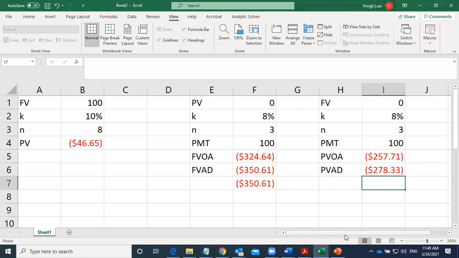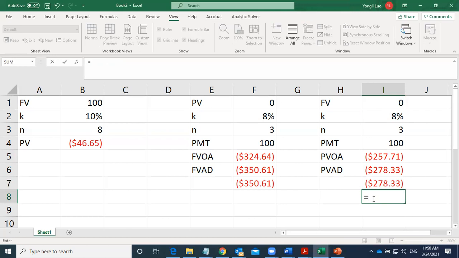How big is it? Do you still remember how big it is? Yes, okay. This number times 1 plus the interest rate, exactly the same.